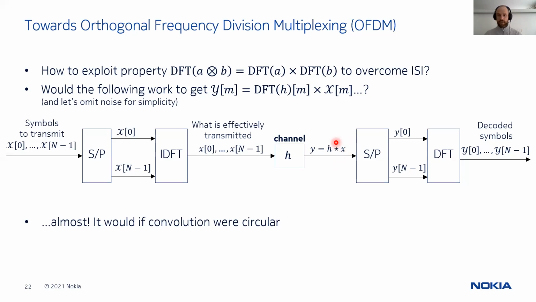If there were a circular convolution here, we would be done, because then the DFT of what you receive is indeed the DFT of H, so basically a number, times the DFT of X, calligraphic X, which is what you have transmitted. So you would get indeed a relation that we like.